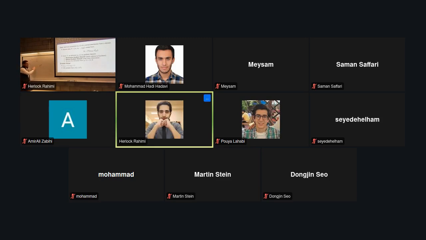It is not on the same manifold, but consider this to be the true distribution. You start from some initial estimation of mu hat and sigma hat.